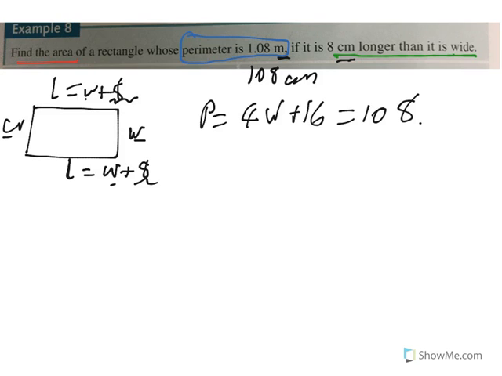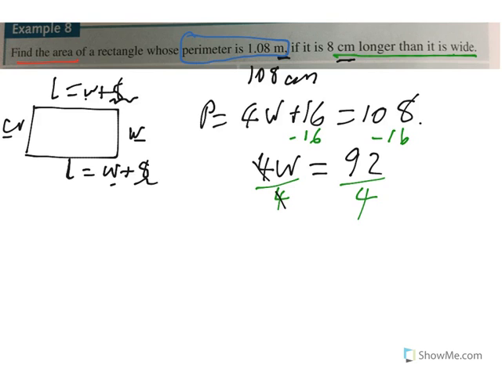Alright, if we solve that, take 16 from both sides, then 4 lots of the width will be 108 minus 16, which is 92. Then we're dividing by 4. The 4's cancel there, so the width would be 92 divided by 4.